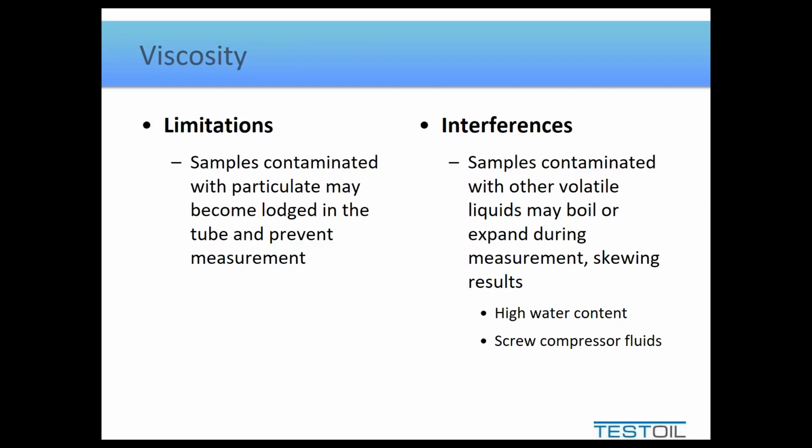The other example that's not quite as common for all folks, but for those who do operate screw compressors, they have a pretty bad history of not getting decent viscosity results. Screw compressors will put the process gas that is being compressed in with the oil, meaning that when you take a sample of the oil, you're going to have some process gas contained within the fluid.